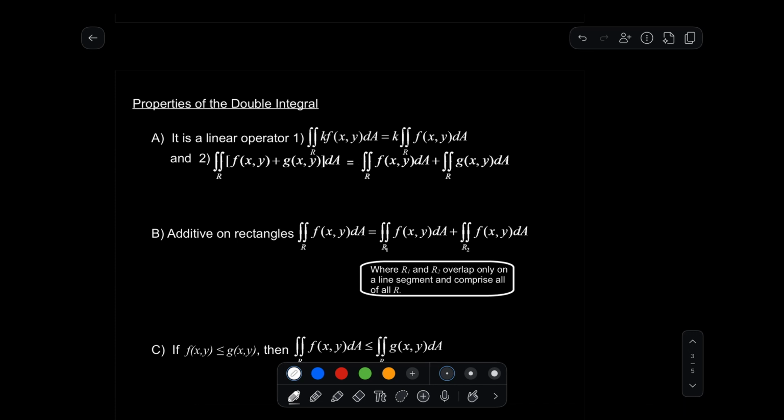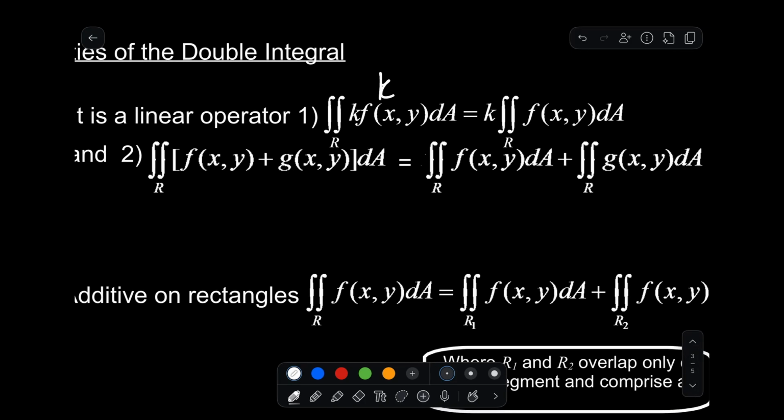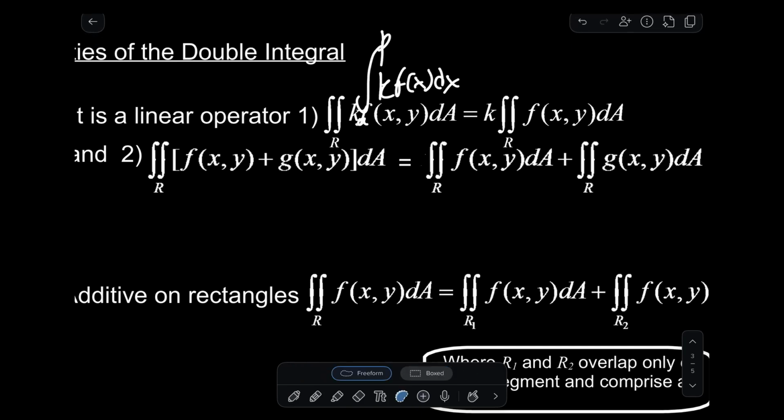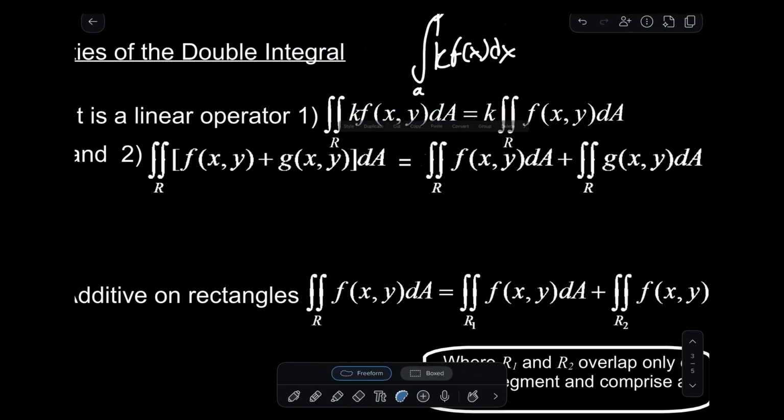And then some other properties, we know that integration is a linear operator. And what that means is that you can summate different regions together to get the volume, right? For example, if we have k of f of x dx over some region, actually over some a to b, let me move this so it's more salient for you, the viewer.